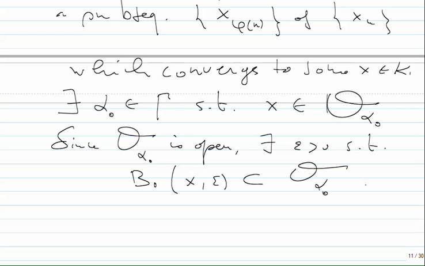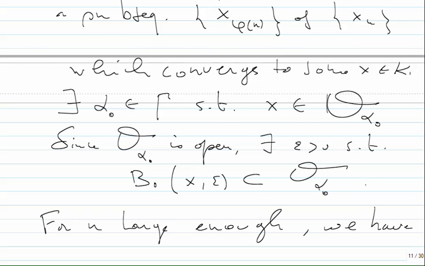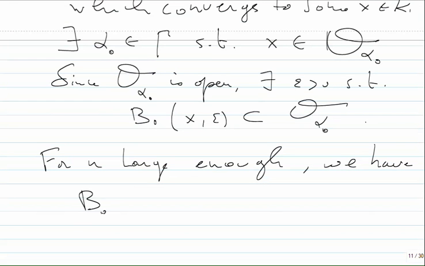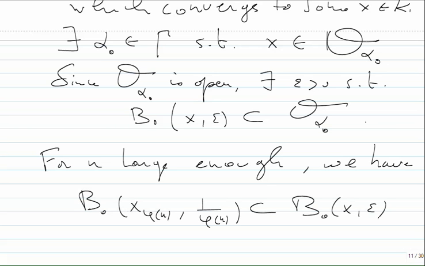Now, note for n large enough, we have the open ball centered at x phi of n with radius 1 over phi of n is in the open ball centered at x with radius epsilon, because epsilon is positive and x phi of n converges to x, so you do have this through the triangle inequality for n large enough, okay?